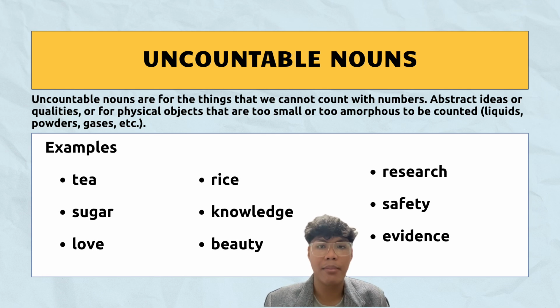For example, for an abstract idea like knowledge or love, we cannot count them because it is an idea. Another example is rice, it is too small, it cannot be counted because the object is very small. And that's where we use uncountable nouns.